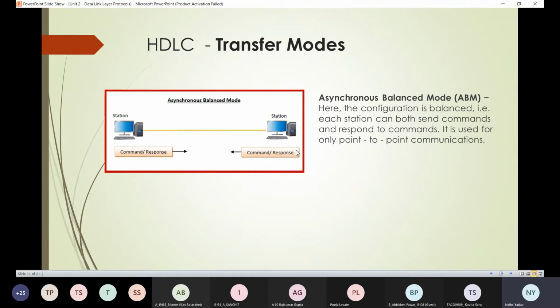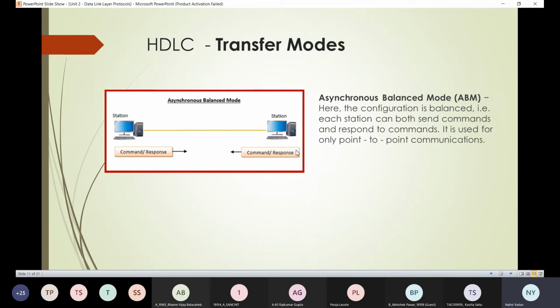So here there is no concept of primary and secondary. All the stations have equal privileges, equal rights. They behave equally. In this case, each station can send a command as well as respond to the commands. This is only possible in point-to-point communication.